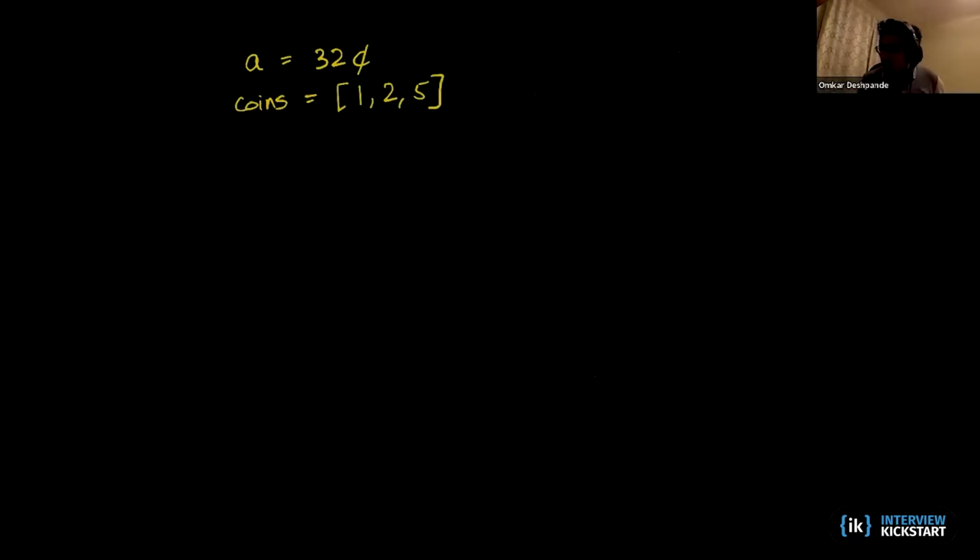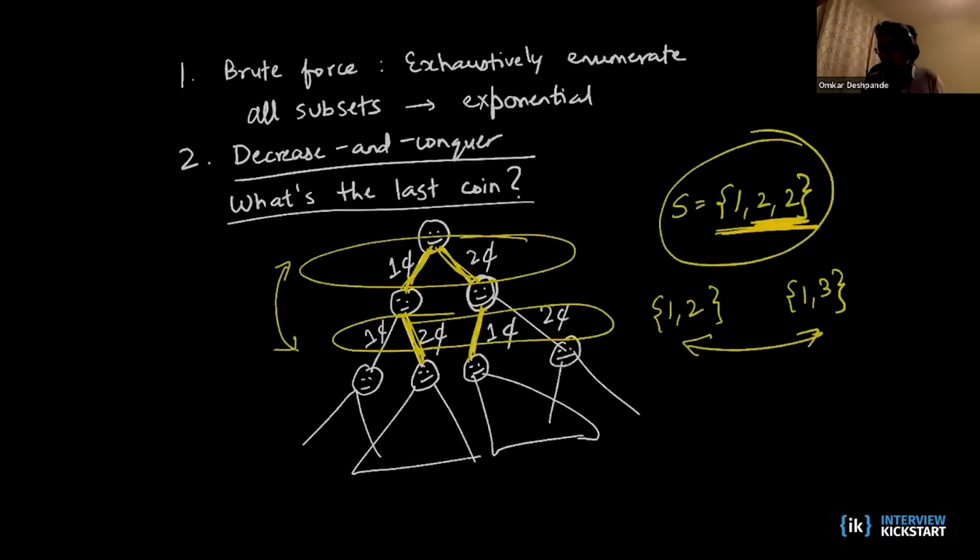When I, as the root manager, am looking at a target amount of 32, I'm not going to make decisions about each of the coins. The question that I was asking in the previous problem was, what's the last coin? Here, instead, I'm going to change that question slightly.